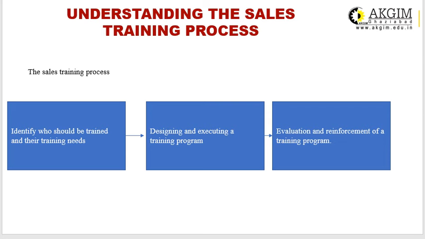After the training has been given, the evaluation should be done, and if it is seen that the people are not working according to the training that has been given, then it should be reinforced, because salespeople do not very easily wish to change their ways of working. So the training methods have to be reinforced after the training period is over.